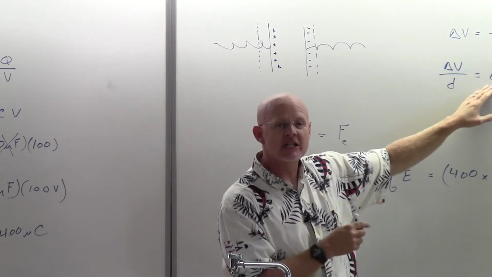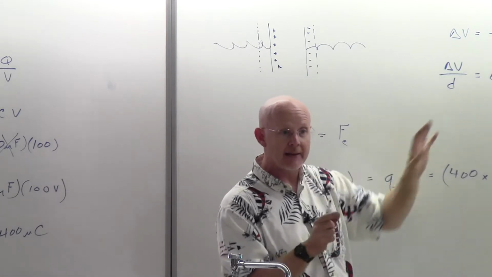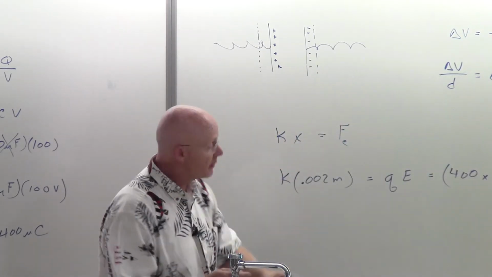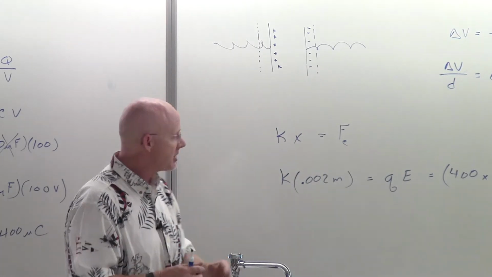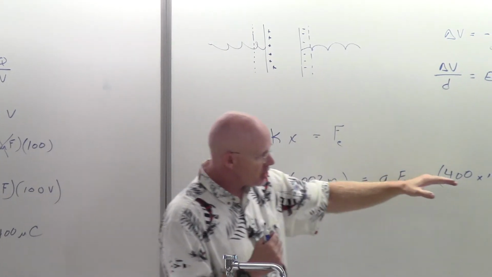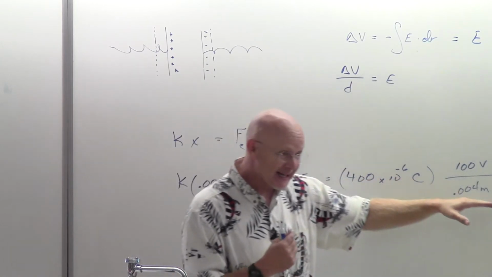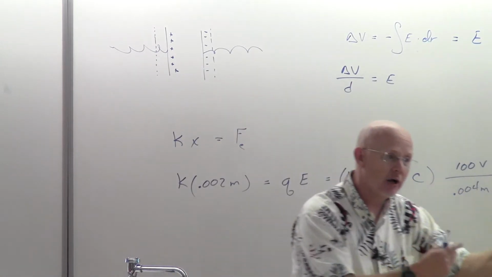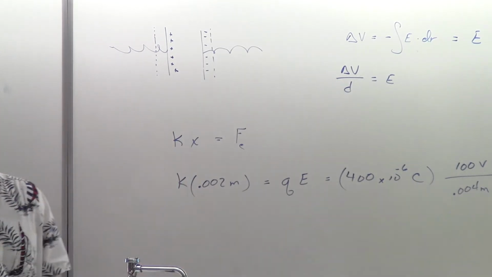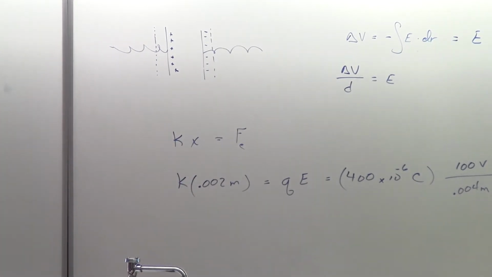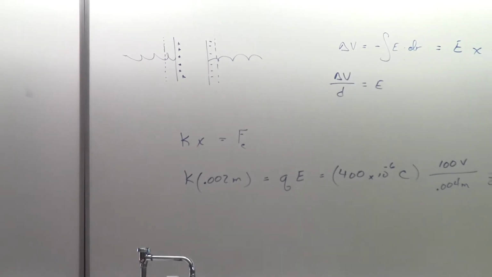This right here is the total electric field in between them. The total electric field is created by the two plates. So what I want is the charge on one plate times the electric field that is created by the other plate, which is half of the total because I've got two plates. And now I can find the constant K.